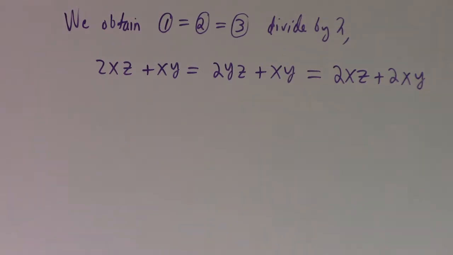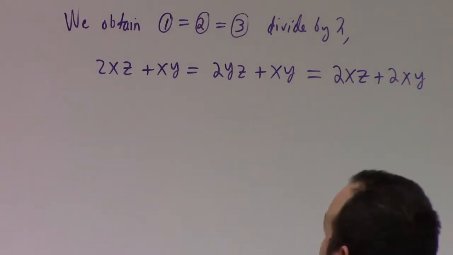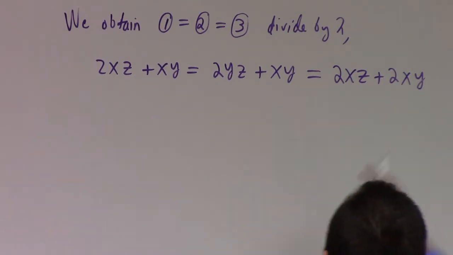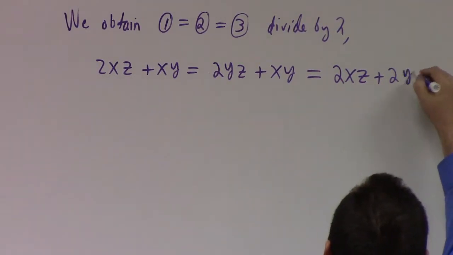Then what? Square them? Sir, number 3, shouldn't that be 2yz, not 2xy? Oh, yeah, thank you. Anything else?